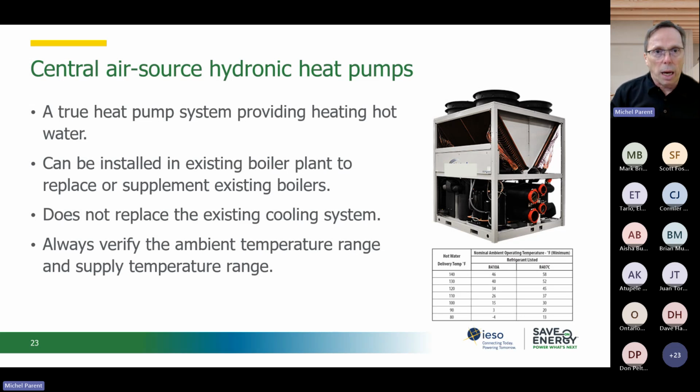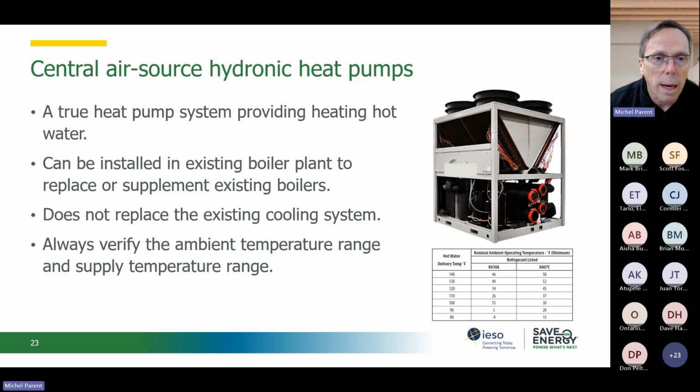The limitation you have with this system is the fact that it uses the outside air as its heat source. So when it gets really cold outside, you get two impacts. The capacity of that system will drop with outside air, and its efficiency will drop with outside air. So it will be limited in how much energy it can provide you.